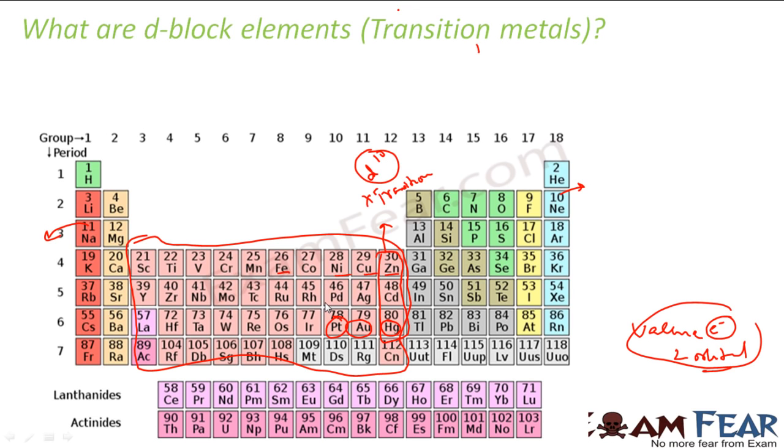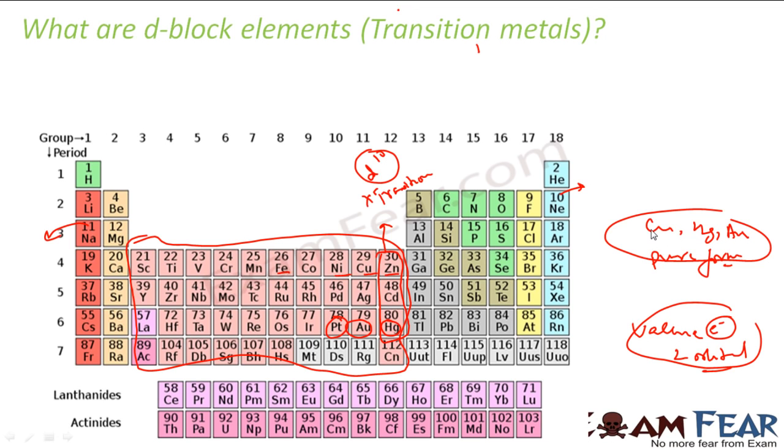Few of them are found in the pure state also: copper, silver and gold are typically found in pure form, but others are found in compound form because they react with atmospheric oxygen to form oxides. And few of them are very magnetic. For example, iron, cobalt, nickel are strongly magnetic.